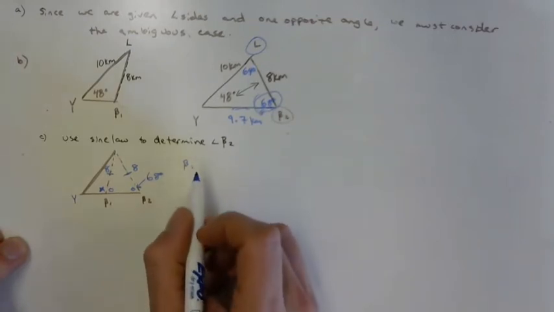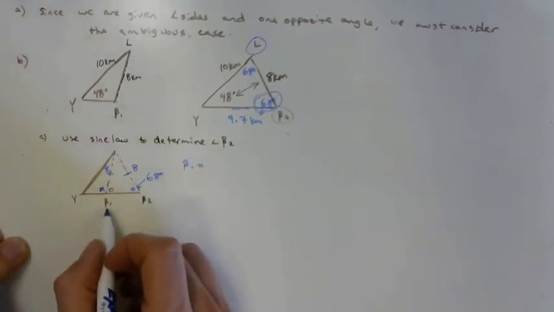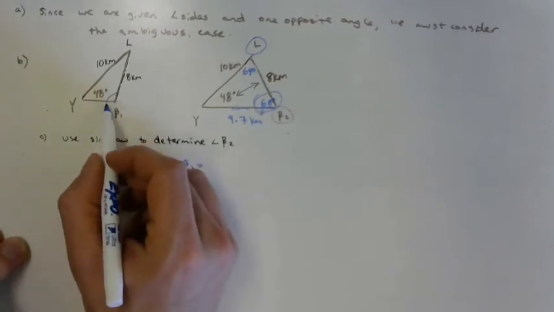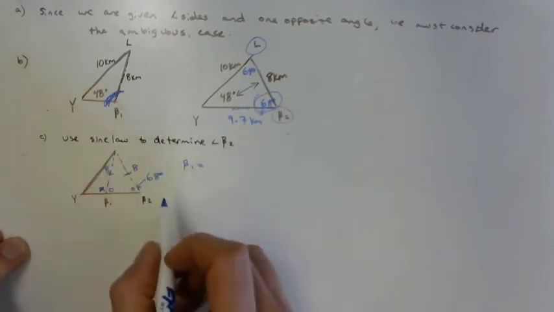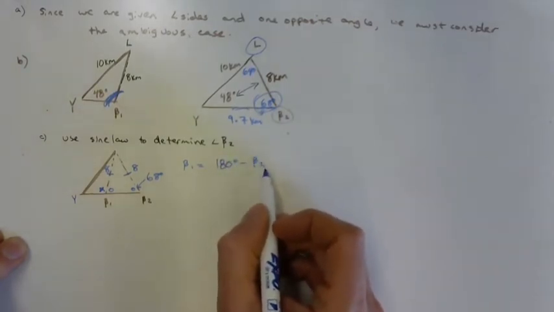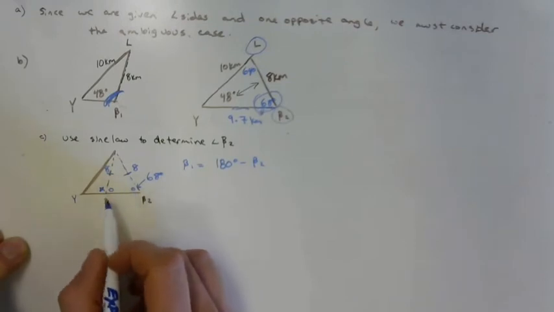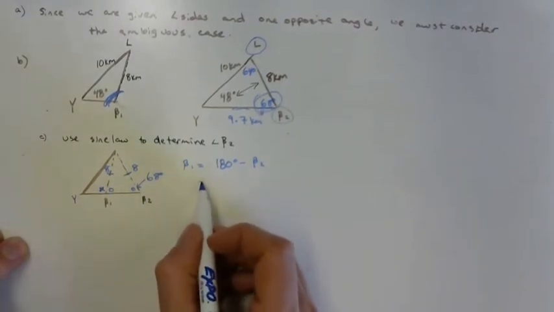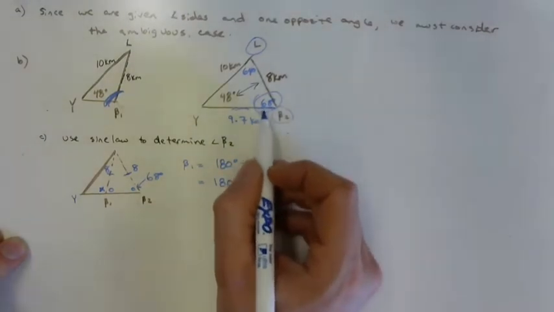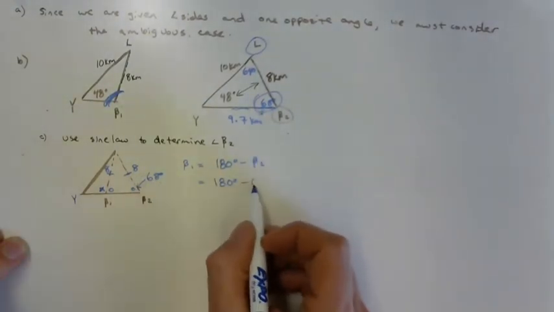So B1 here is this X that I have. So in our triangle here, that is actually 180 degrees minus B2, because we're in an isosceles triangle here with the ambiguous case. Well, we found out the angle of B2 is right here. This is 68 degrees.